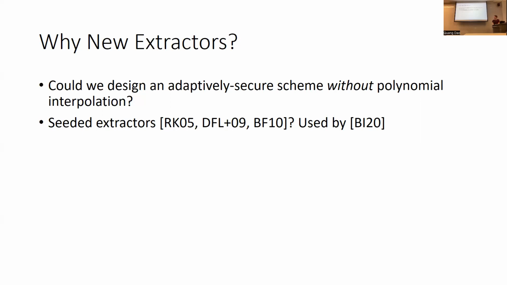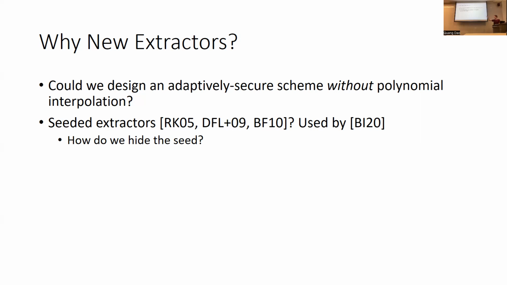One option is we could use a seed extractor. This is the approach used by Broadbent and Islam. And seed extractors for quantum sources of entropy are pretty well understood. They've appeared a lot in things like quantum key distribution. Unfortunately, remember how we had trouble with theta? We got into this circle of needing to hide theta.